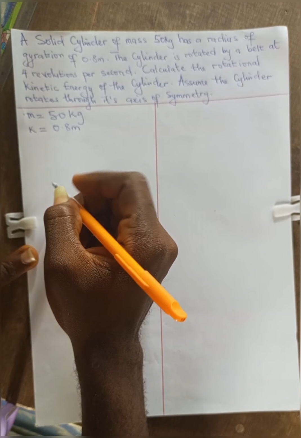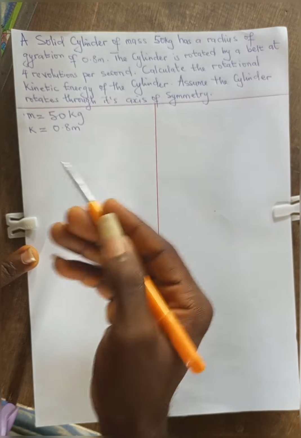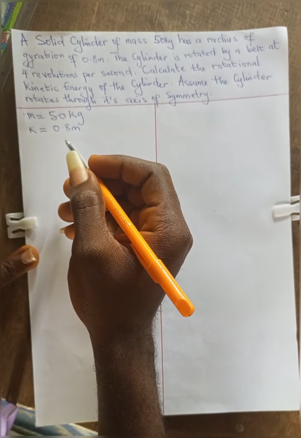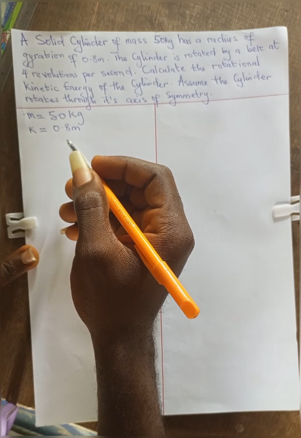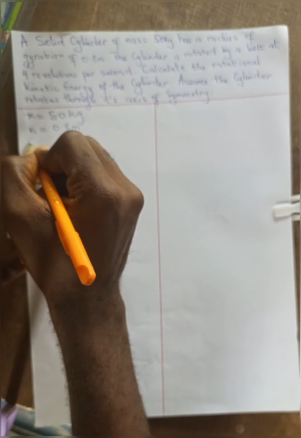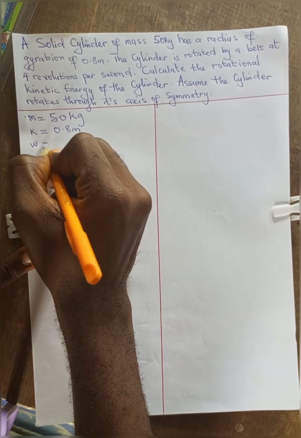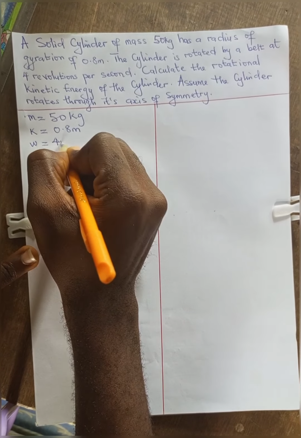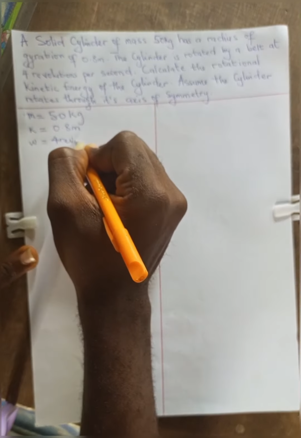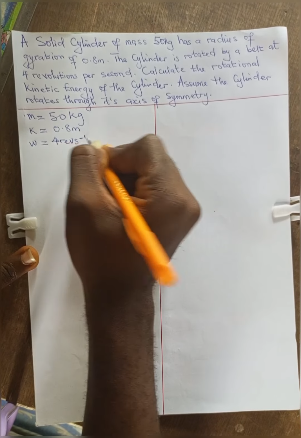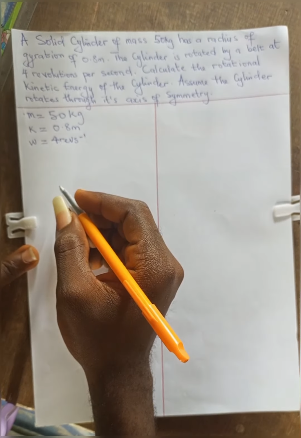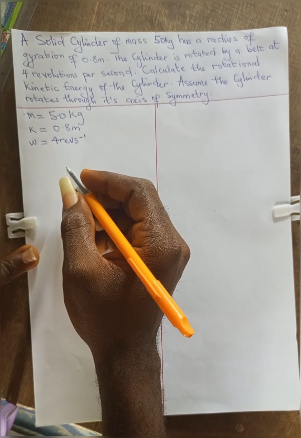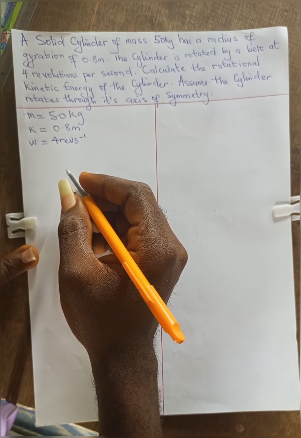After that, they say e dey rotate by a belt, which means e dey go in a circular motion. So that is angular velocity. Now they say the angular velocity na 4 revolutions per second. Now before we go on quickly, remember say angular velocity we no dey measure am in revolution.